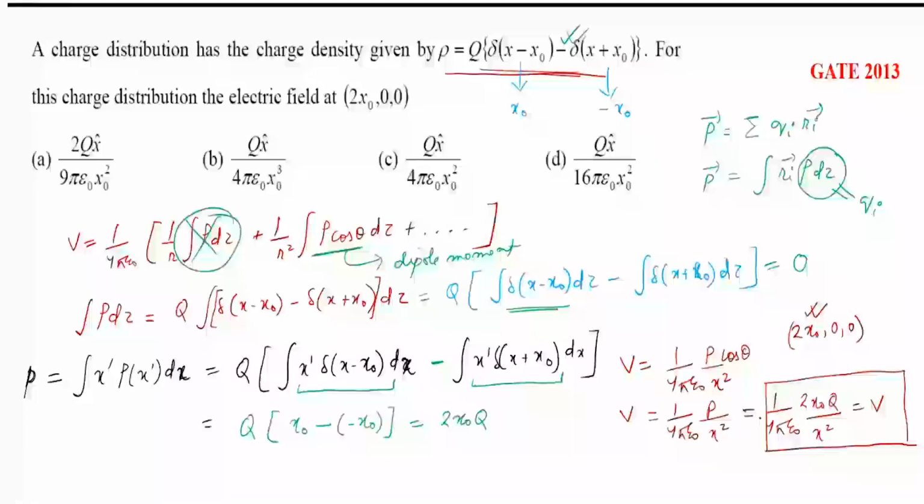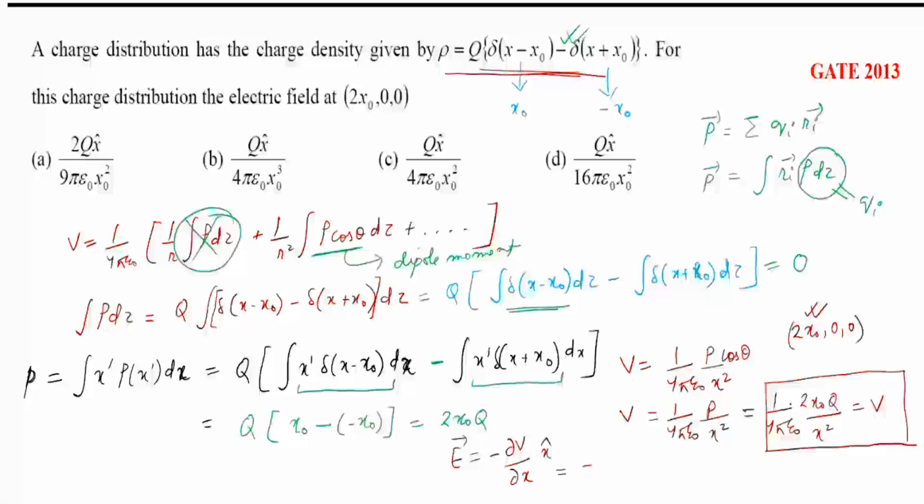From the potential, if I want to find the electric field, what is the formula? Electric field will be given by minus the derivative with respect to x, x cap. So if I differentiate, what will be my answer?